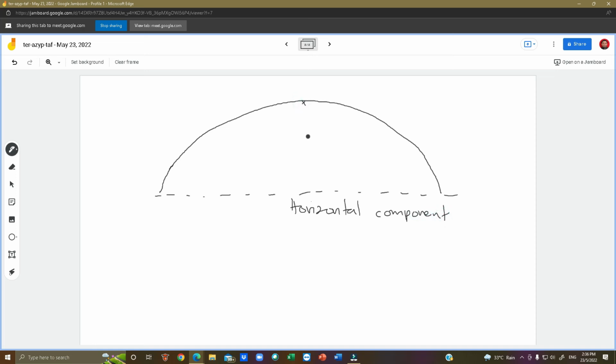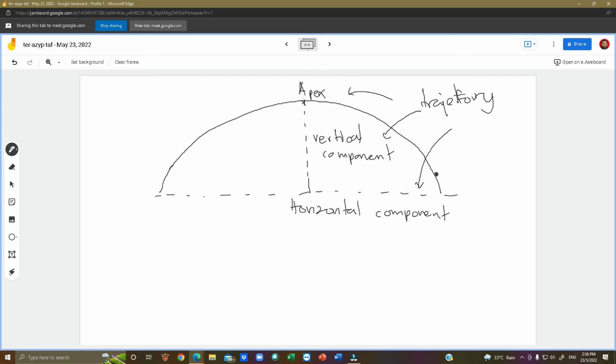So, from the base of the projection to the apex of projection, this is known as the vertical component. Ini puncak ni kita panggil dia sebagai apex. So, a trajectory consists of these three things. Dia akan ada apex, dia akan ada vertical component, dia akan ada horizontal component.